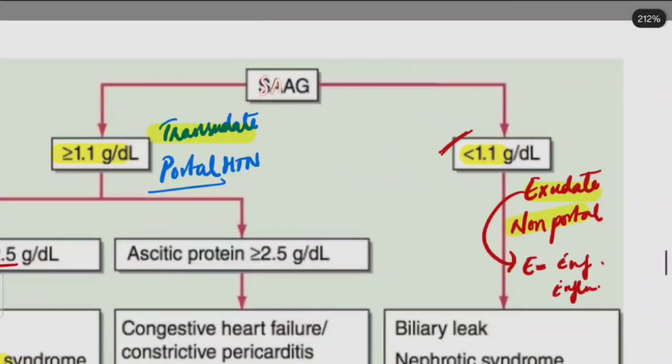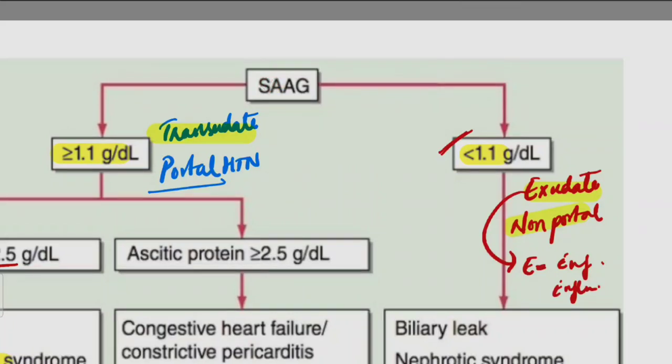Okay. Whenever you see SAAG, it is basically the albumin gradient between the serum and the ascitic albumin. Now the cheat code is wherever it is high, it is transudate, wherever it is low, it is exudate. But I also know the concept. When serum minus ascitic albumin is high, it means a lot of fluid is coming out in the ascites, right?